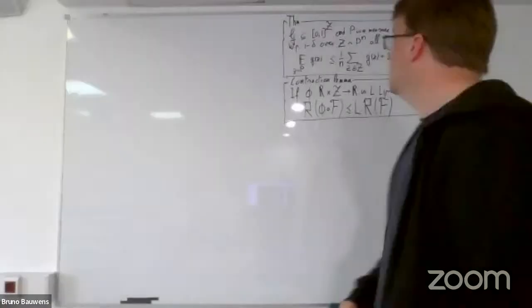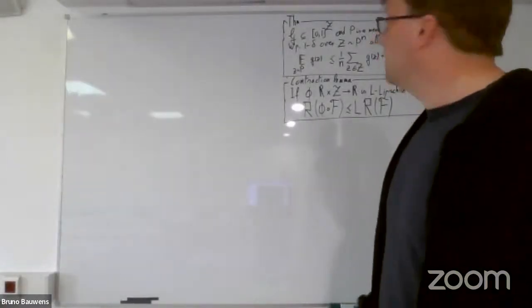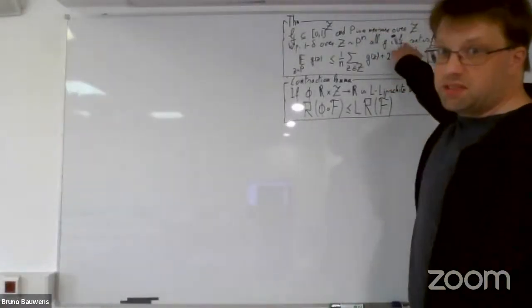Could you please remind how this theorem is interpreted in terms of machine learning? What is our class of functions G, a hypothesis class or something else? Yeah. So when we apply it, G will be almost the hypothesis class.